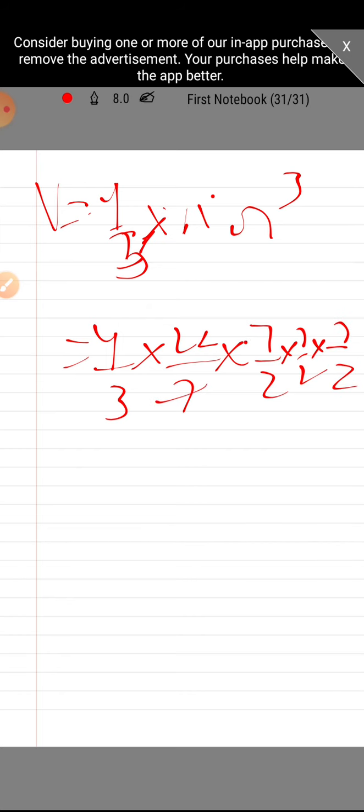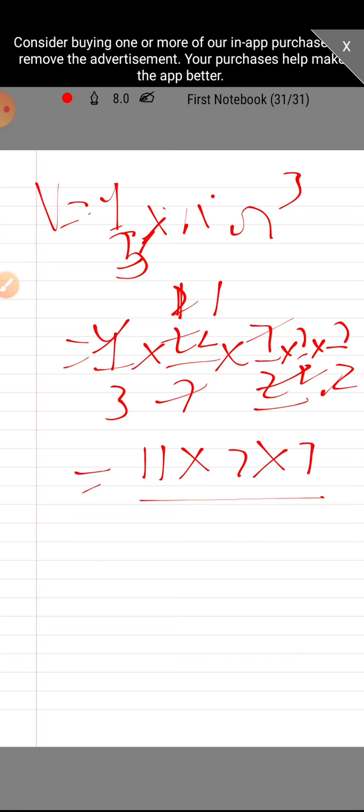Now this 7 will cancel this particular 7. This 2 into 2 becomes 4, so this will cancel this 4, and this 2 will cancel this 22, and it will be replaced by 11. So now we have left with this 11, these two 7s, and finally we have 3 in the denominator.